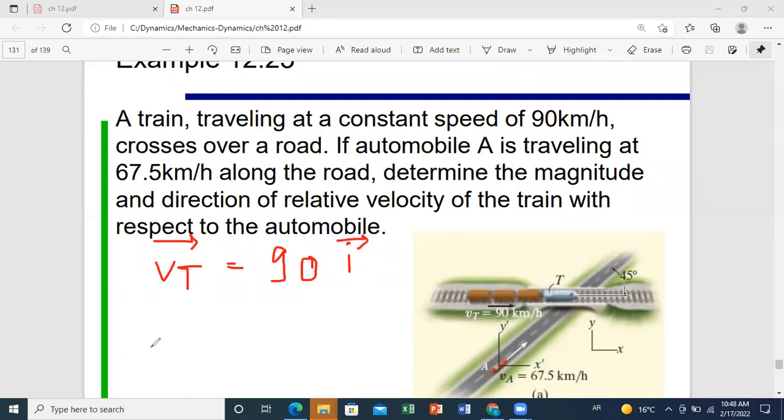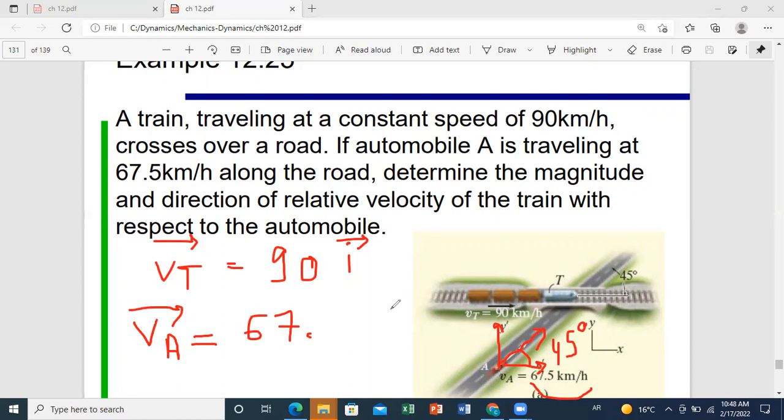Now, to express the absolute velocity of the car, I look at my figure. The car is moving along this direction, which makes 45 degrees with the horizontal. To get the vector VA, I should decompose it into two components, one along I and one along J. Since the magnitude is given, I just write VA equals 67.5.